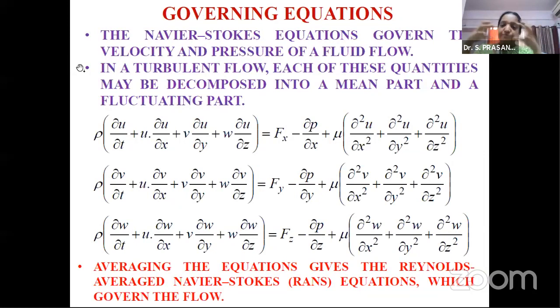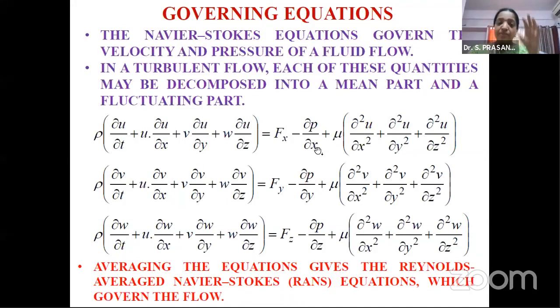When you have fluctuating components, it is difficult to analyze. So you have body forces, pressure forces, viscous forces, and the change of the velocity component with respect to time. These have to be properly analyzed.